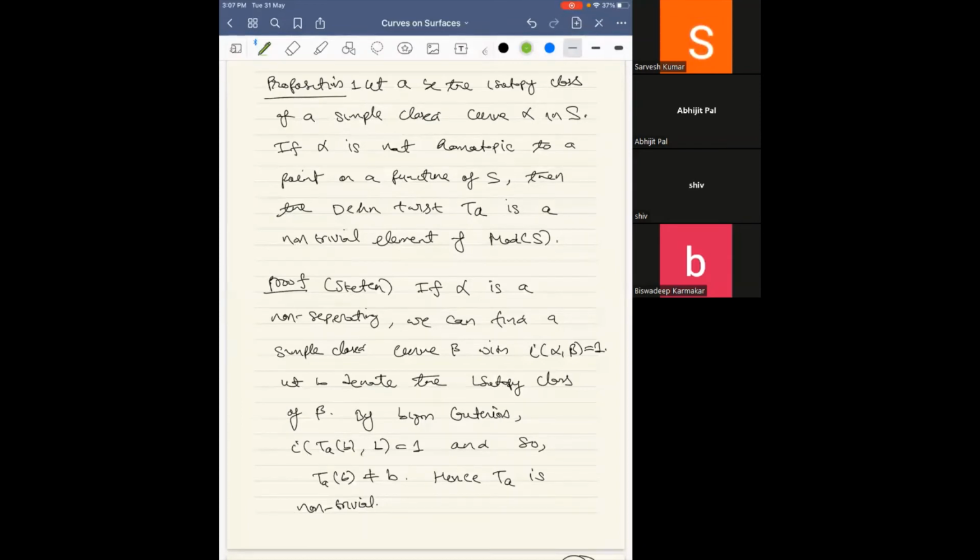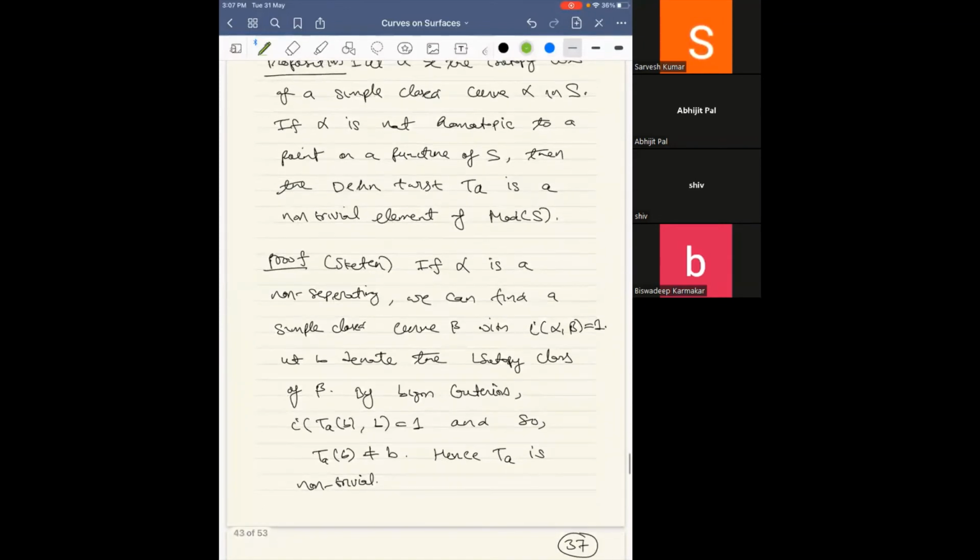Then we have already seen that we can find a simple closed curve beta with intersection number of alpha and beta simply 1. You can always do this in a surface, and you know what the picture is. Now let us denote by B the isotopy class of beta.